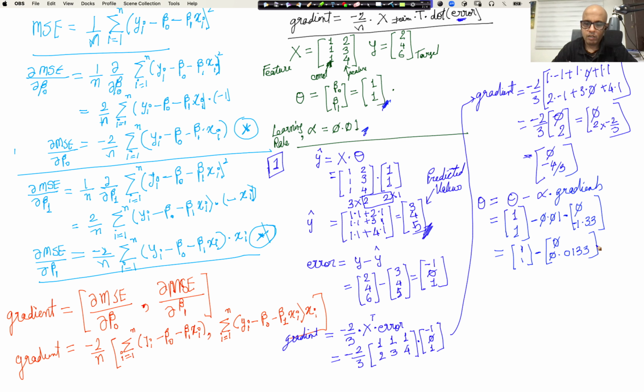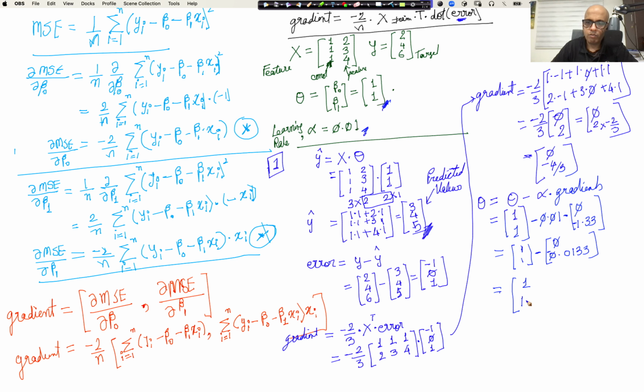So let me just check that multiplication again. So that is correct. And when we perform the subtraction, the first value stays 1 because 1 minus 0 is 1, and then the next one is 1 minus minus 0.0133. So that will become plus. We have a minus sign in here, and so when we bring that out of the brackets, it will become plus.